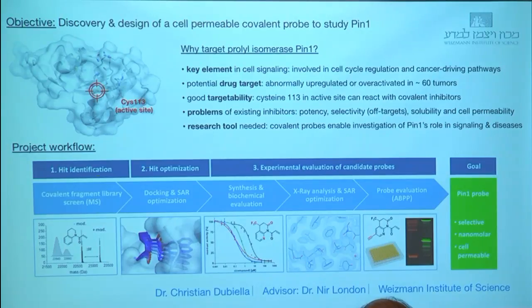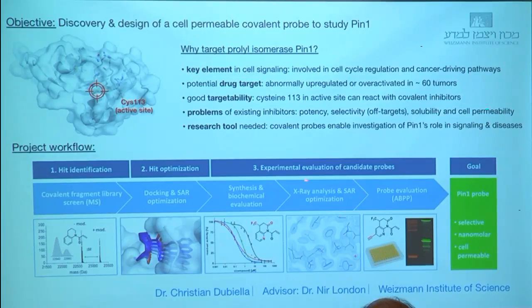What we achieved so far is we identified a hit using an MS covalent library screen, and we were able to optimize this hit by using computational chemistry. So we had docking studies, and we evaluated our candidate probes in biochemical assays.